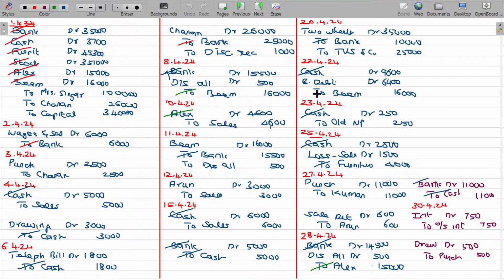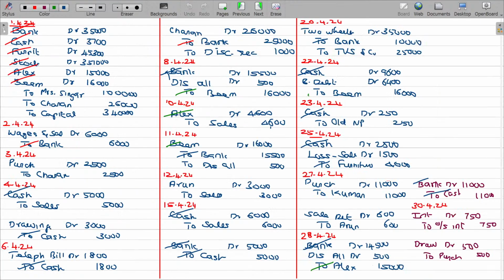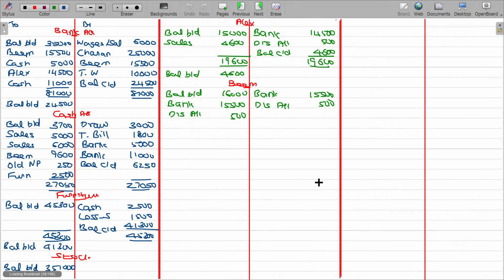And here is Beam, to bank, to discount allowed, 15,500, 500. And then here is by cash, by bad debt, 9,600 and 6,400. On tallying this, the book is closed completely. We don't have any more balances. 32,000, 32,000.